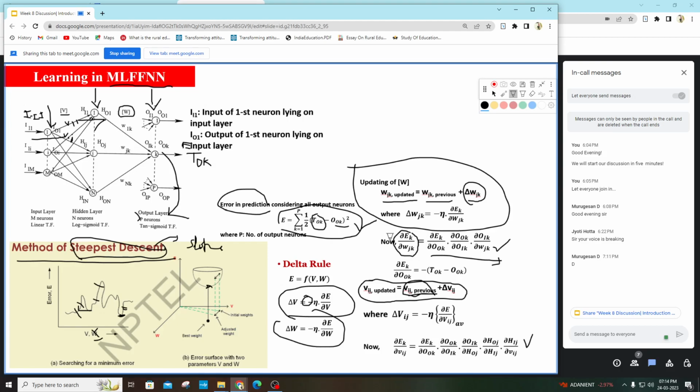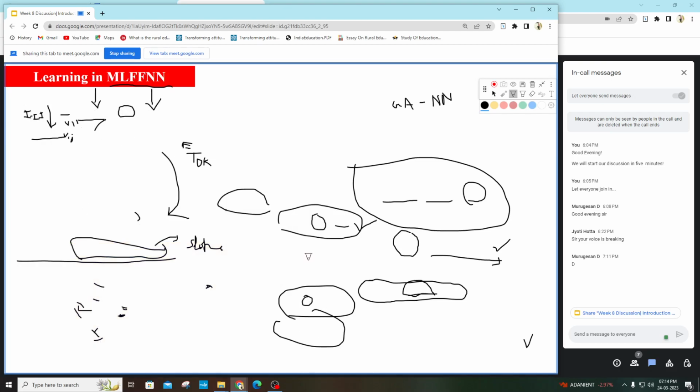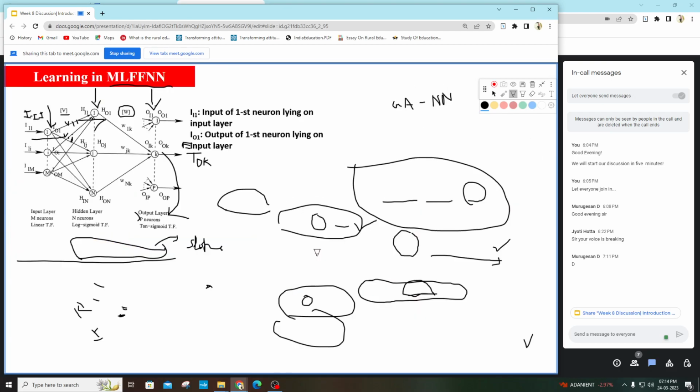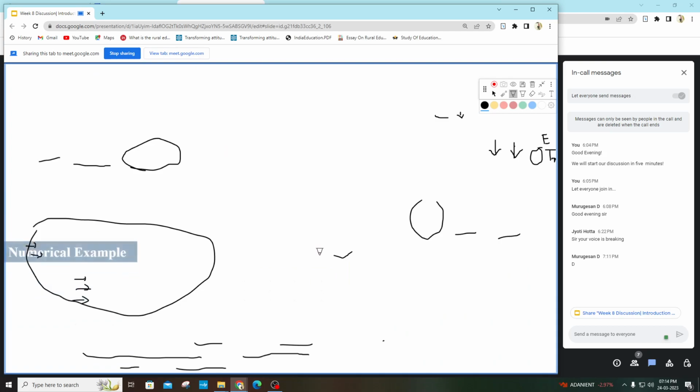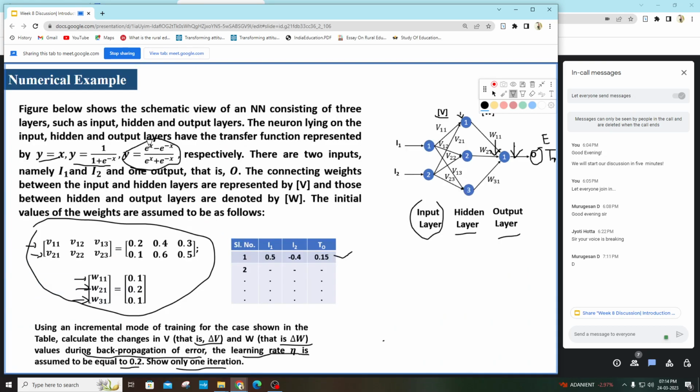Other related parameters come up when you are using something like GA, that hybrid system, GA with this NN. There what we also do is, you can see this question, this e to the power x, e to the power minus x.